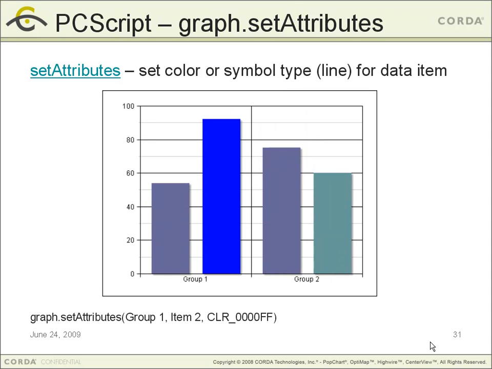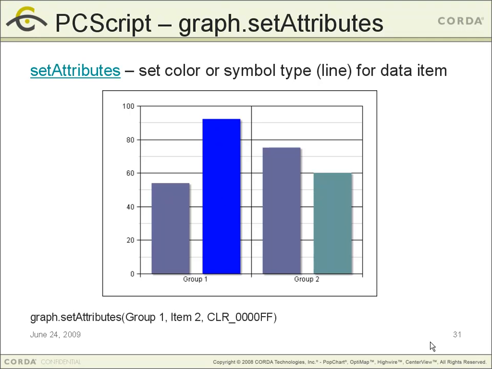Set attributes is a different way of doing colors and things like that. In this case you can specify the attributes after the data has been applied. The attributes allows you to set the color or perhaps a symbol type and also a symbol color.